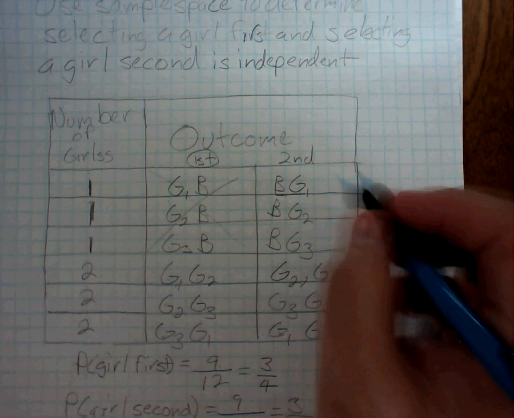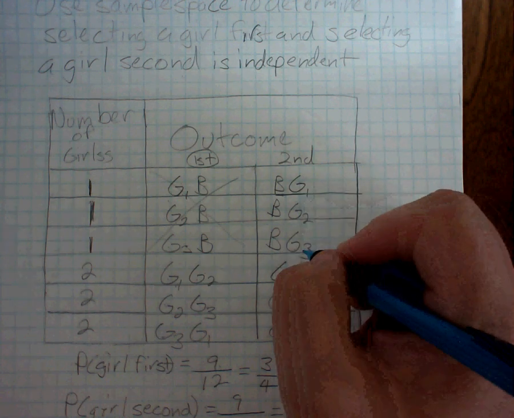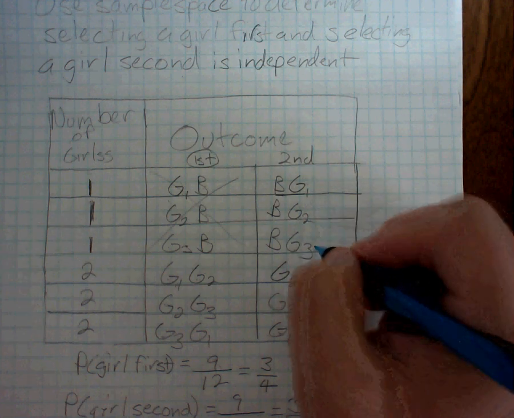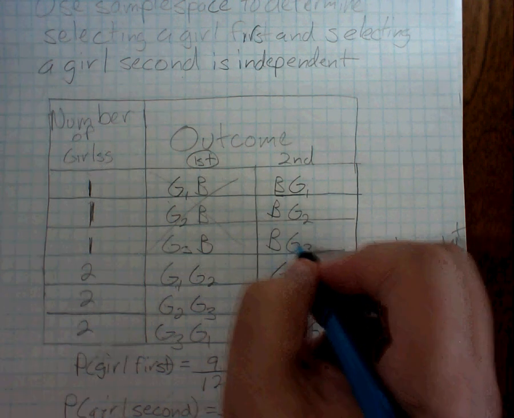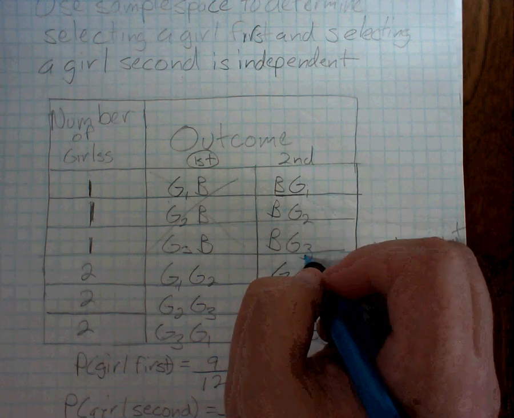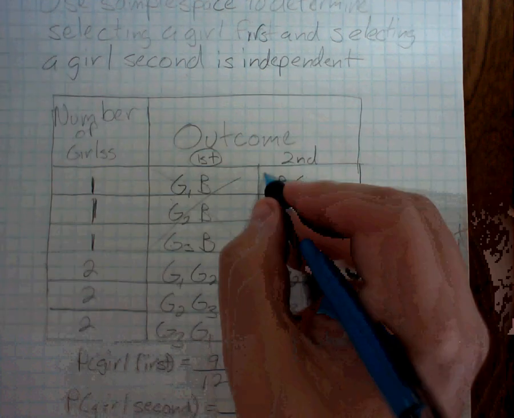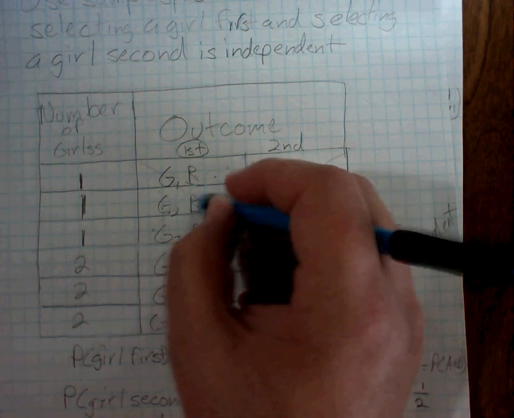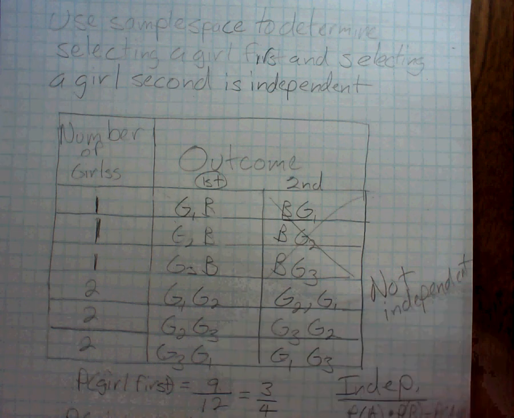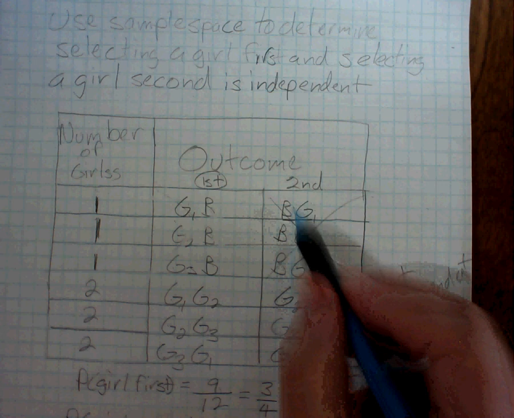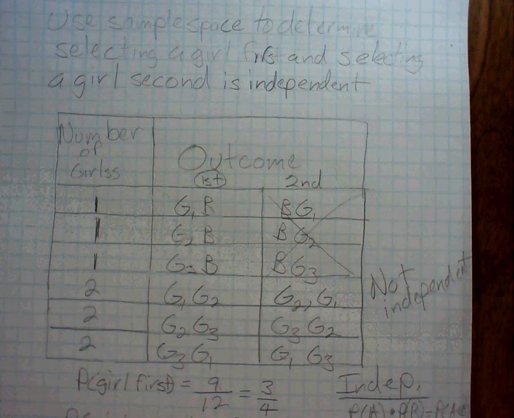So then my sample space becomes out of 9. Actually, I got that backwards. This is what we cross out. So our sample space changes because we're only looking at the first person being a girl. And the first person is not a girl here, it's a boy, so that changes our sample space.